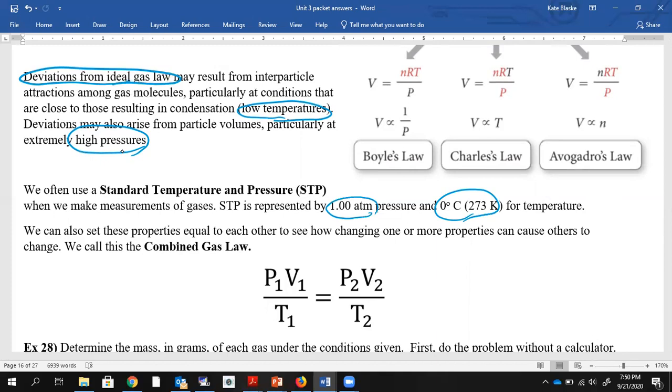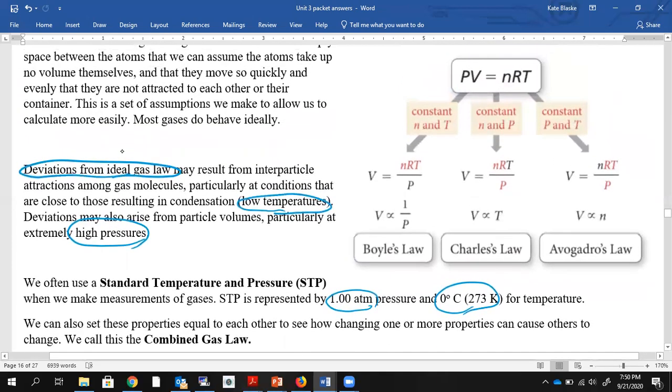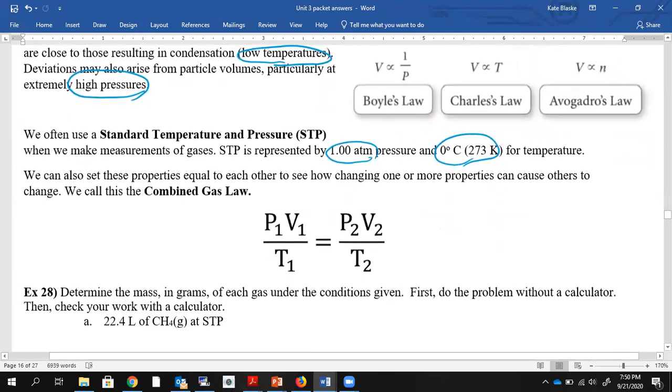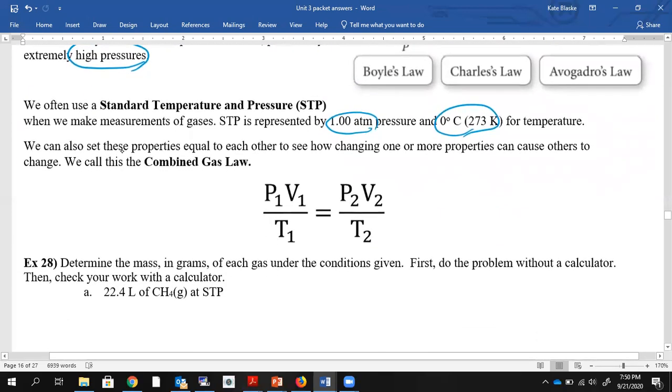So PV equals nRT, or PUVnert, works as long as we know some of the measurements about our gases, but we're trying to find one variable. We also can use the combined gas law, which is not on your equation sheet, I don't believe, when we are talking about how these properties of the gases are changing from one situation to another situation.